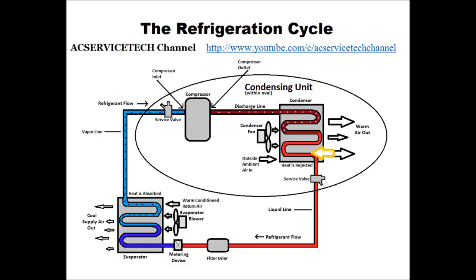Subcooling, which is the temperature decrease in liquid form inside the condenser, is needed to make sure that when the liquid finally gets to the metering device, it is completely liquid and there's no vapor present. If there is vapor present, it's not going to be very efficient. It needs to be a very large pressure drop.